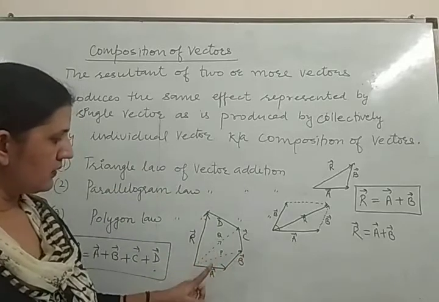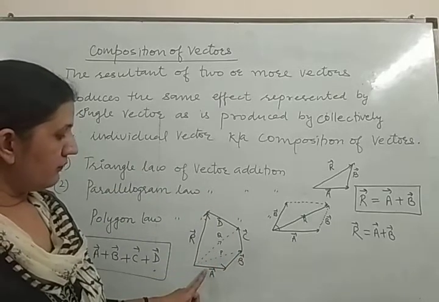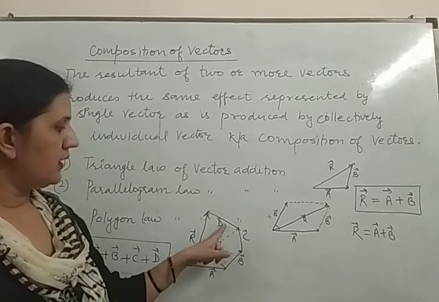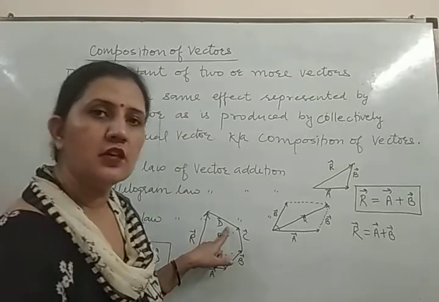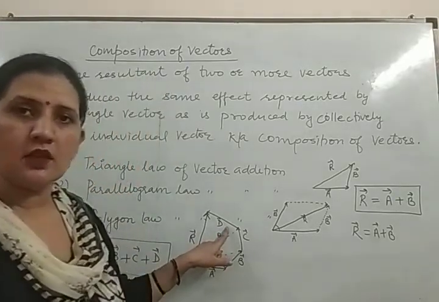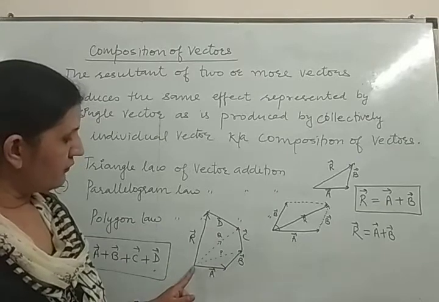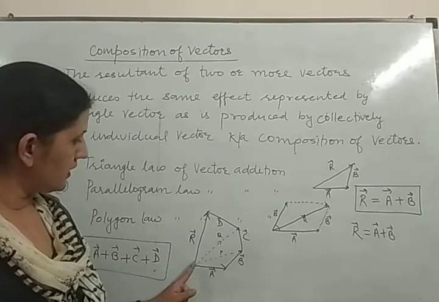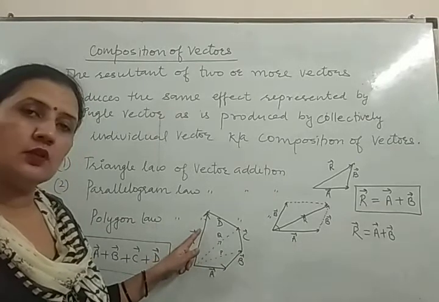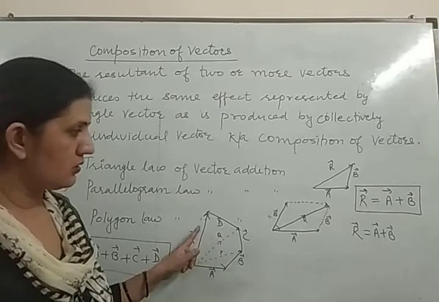Here you will write, if vector A, B, C and D are representing the sides of a polygon taken in same order, then from the starting point their resultant is given by the closing side in the opposite order.